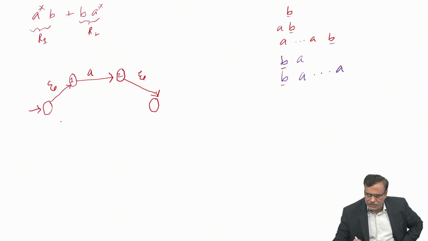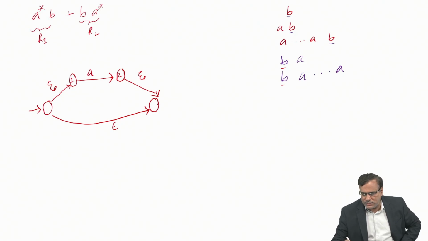Then this is going to be our start state. You have to give a direct transition on epsilon from the start state to the final state. This is your final state, but anyhow it is going to change, so I'm not putting the double circle.